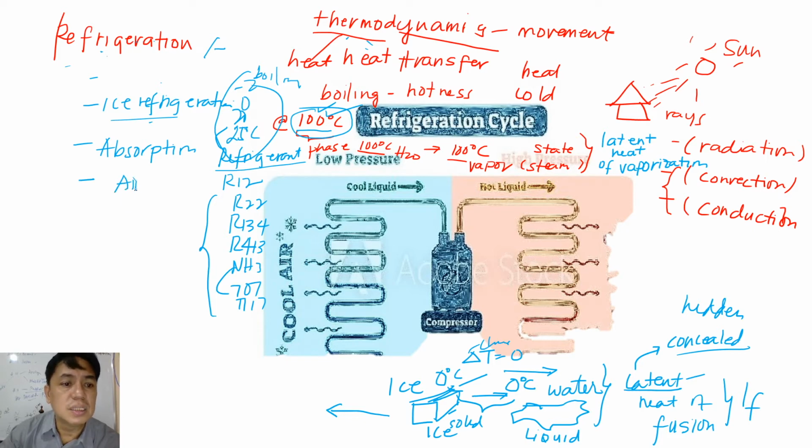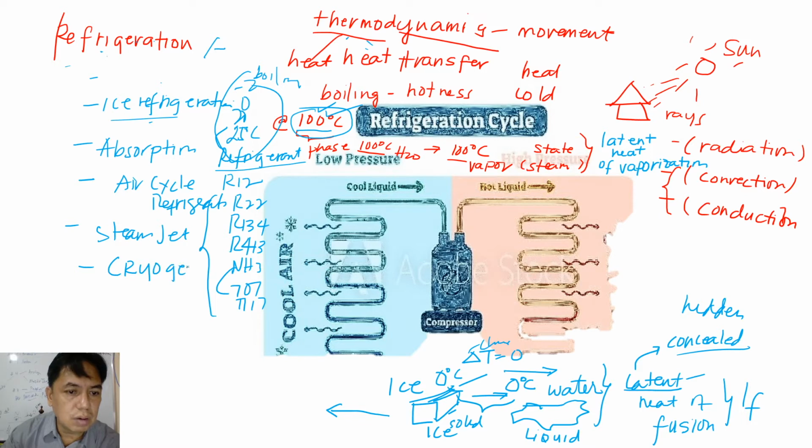There is this so-called air cycle refrigeration, and this steam jet. Steam jet, okay. And there is this science of very cold temperature, so-called cryogenics.